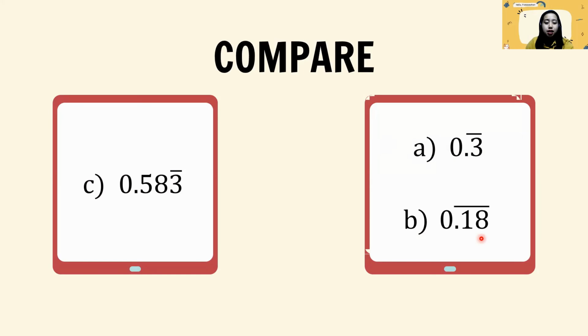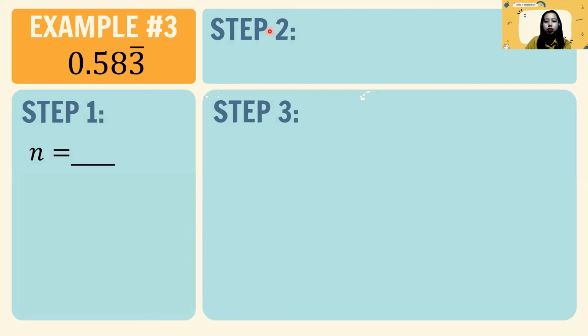As you can see, the first two decimal places in the next example are not part of the repeating block, which starts from the third digit to the right of the decimal point. It is the same as how we solve the other examples. So I will guide you on how to solve this one using the steps that I have given a while ago.